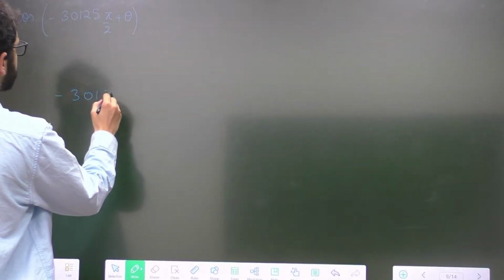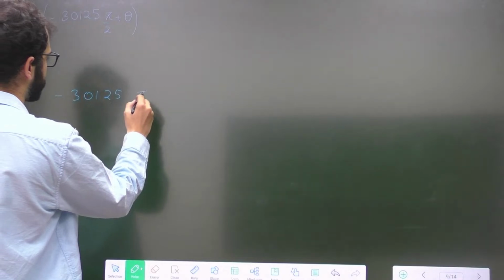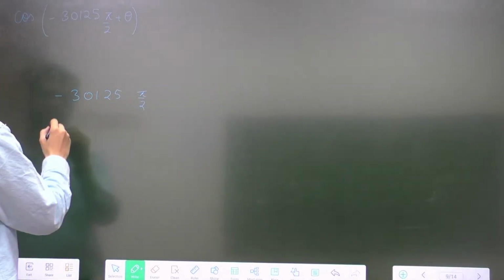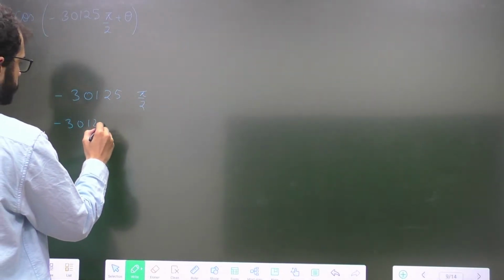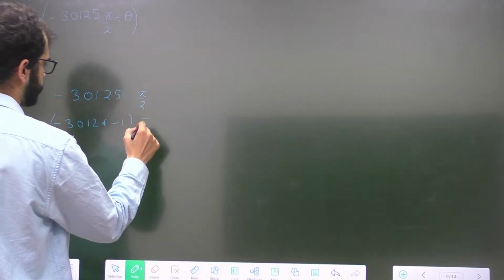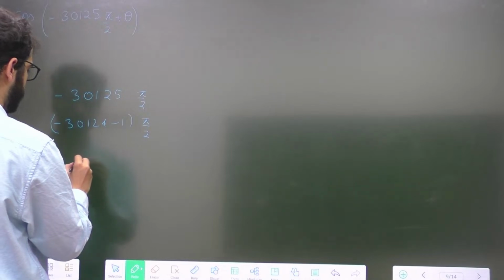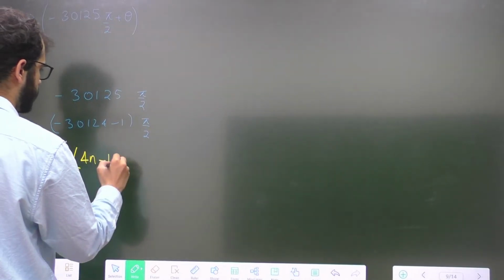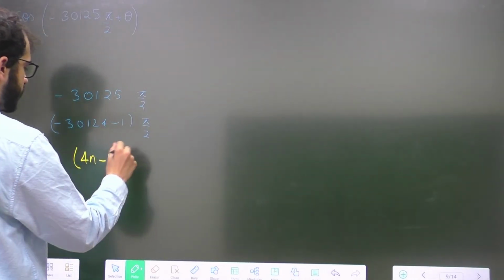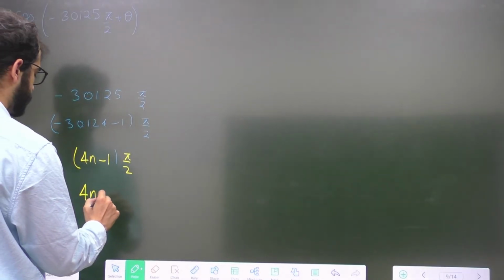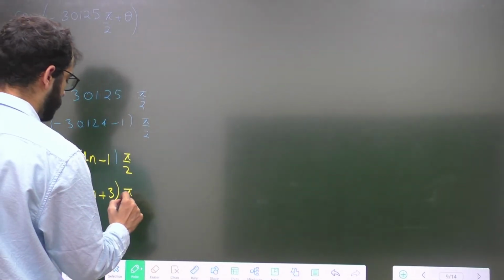That is cos of minus 30125 pi by 2 plus theta. Let's try to understand what is happening in this question. If I have minus 30125 pi by 2, I can write this term as minus (30124 minus 1) pi by 2. Now 30124 is a multiple of 4, so I'll write it as (4n minus 1) pi by 2. (4n minus 1) pi by 2 is equivalent to saying (4n plus 3) pi by 2.